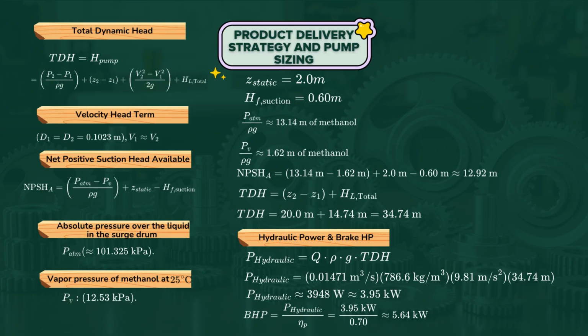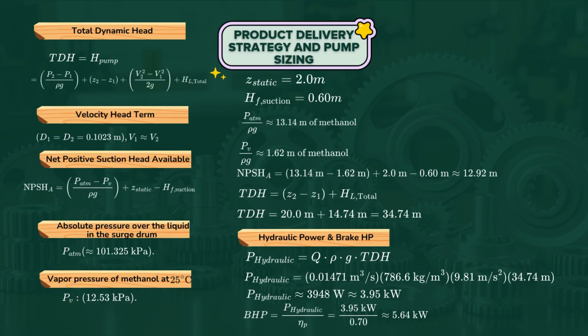PV equals vapor pressure of methanol at 25 degrees Celsius, which is 12.53 kilopascal. Z static, height of fluid above the pump centerline, 2.0 meter. Lastly, HF suction is frictional losses in the short suction pipe section, 0.60 meter, calculated in the planning phase.